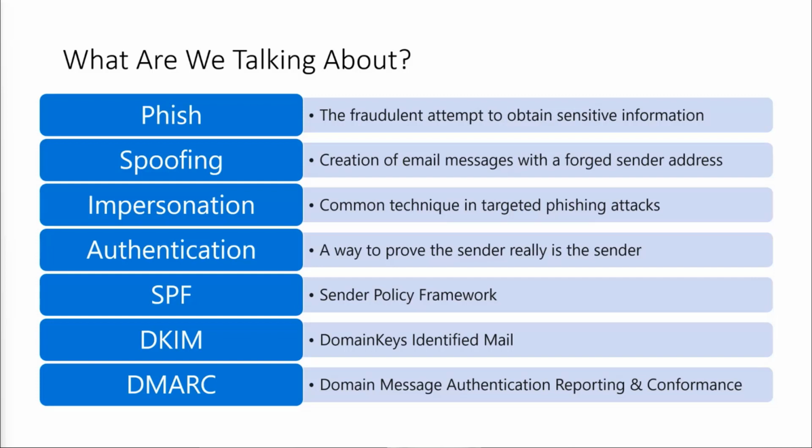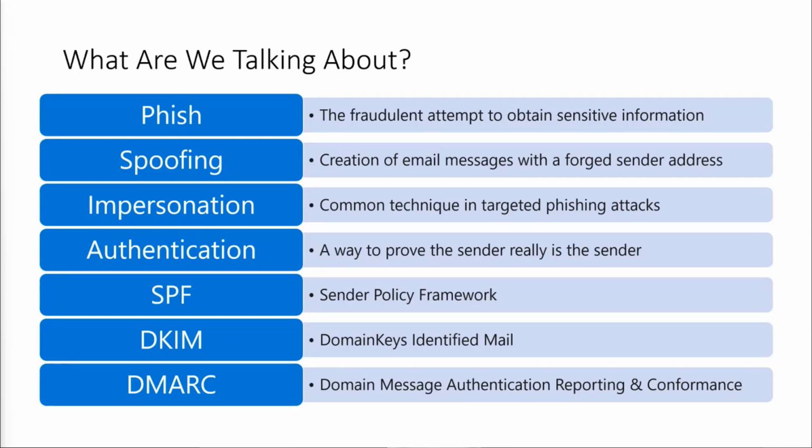So how do we actually mitigate this? We need to authenticate that the sender of the emails we receive is really the sender. And a way of doing that is using some technologies that are publicly available for everyone, because they're part of the RFC framework for emails.